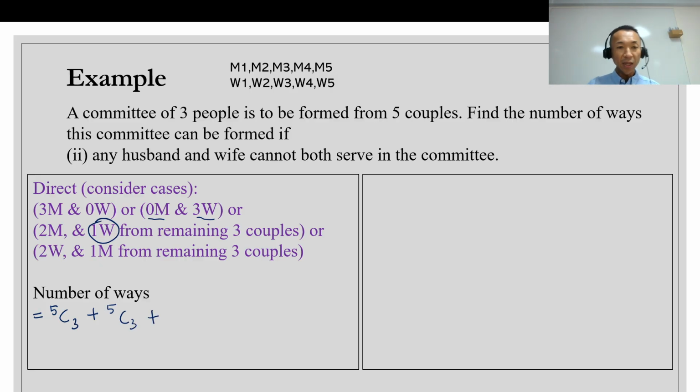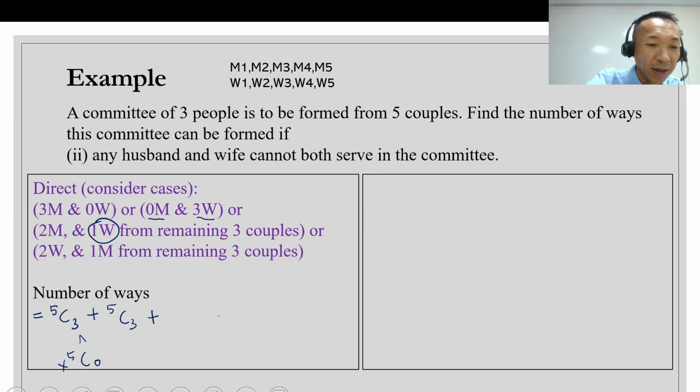Correct? I repeat one more time. This is for the 3 men. This is for the 3 women. Technically, I should multiply it by 5 choose 0, but 5 choose 0 is just 1. I don't need to do it. It's fine. All right, understood.